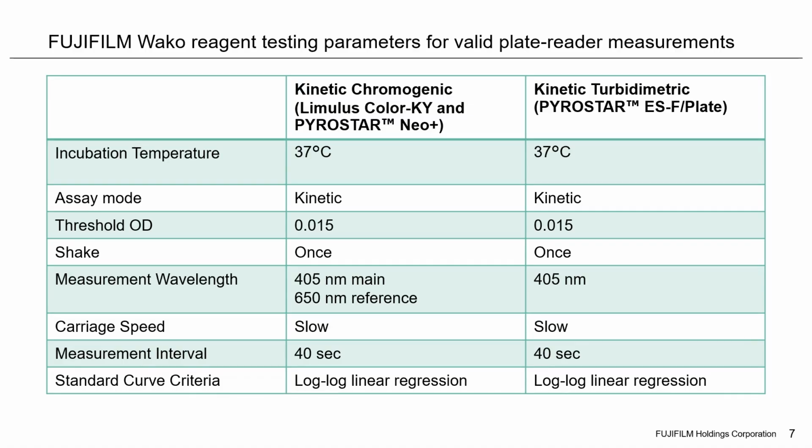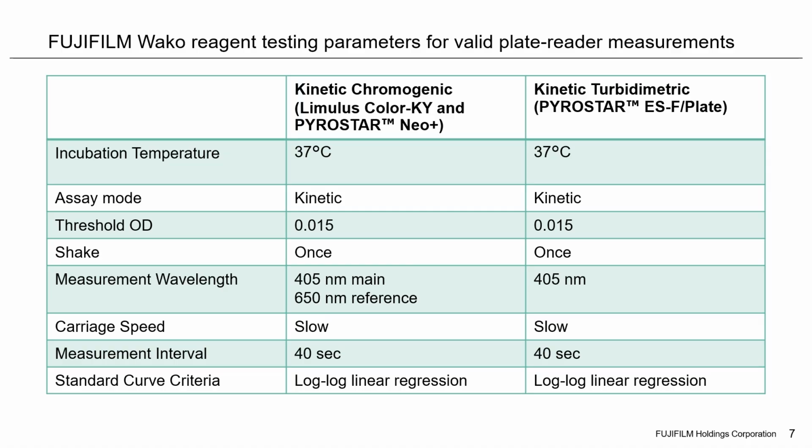However, the chromogenic reagent also takes measurement at 650 nanometers, and this signal is subtracted from the signal taken at the same time from 405 nanometers. This is to ensure that all of the noise from the general turbidity is subtracted and only the chromogenic portion of that signal is measured at that wavelength.